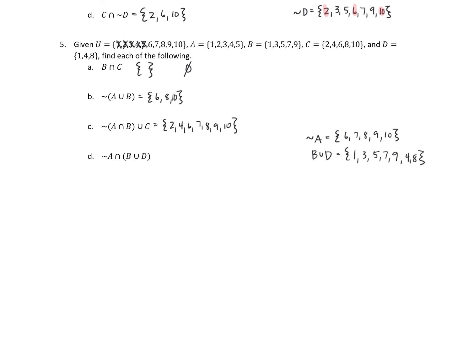The intersection meaning, what do these two sets have in common? So let's see, they don't both have a 6. They do both have 7 and an 8 and a 9, and it looks like that's it. So 7, 8, 9 would be the intersection of the complement of A with B union D.